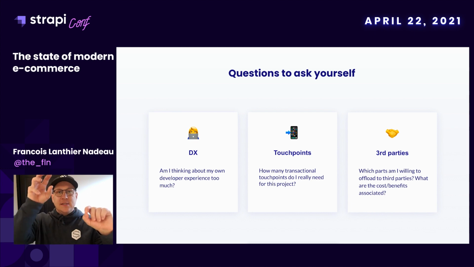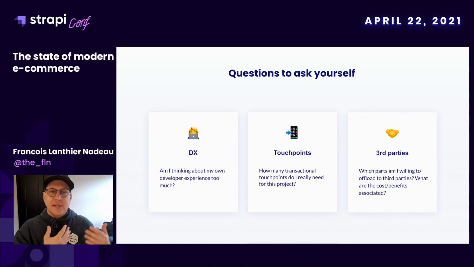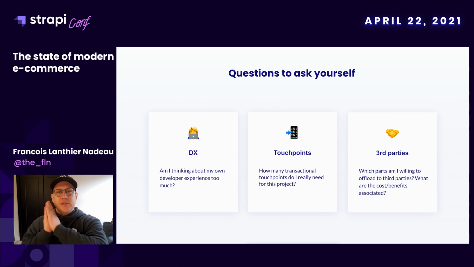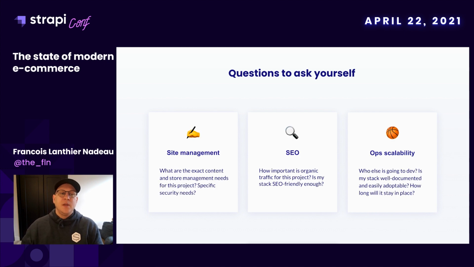These places you want to offload to existing third parties, be they SaaS, open source projects, libraries, whatever. And when you do that exercise, always try to keep in mind this heuristic of my time versus my client's dime. What are the benefits, but what are the costs? This is something you have to think about when you choose an e-commerce stack.